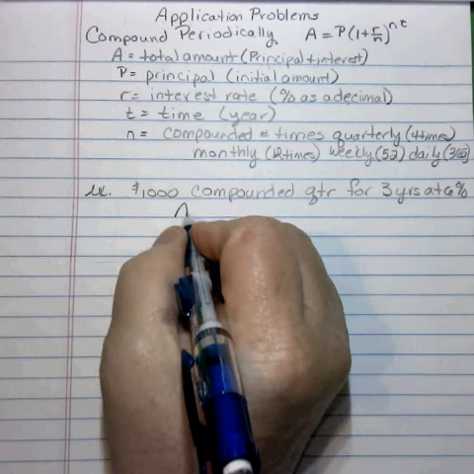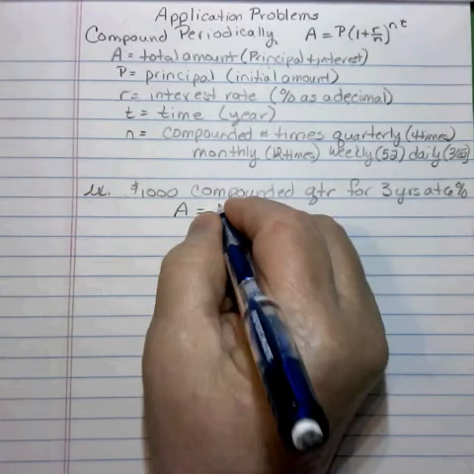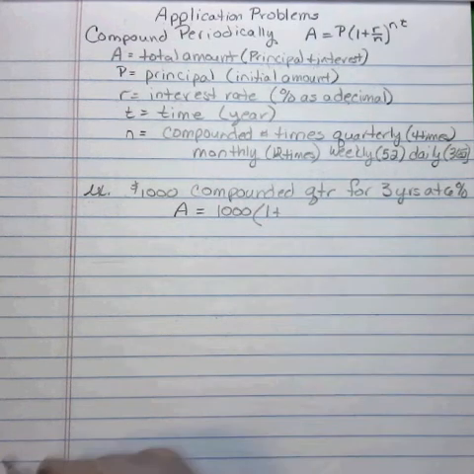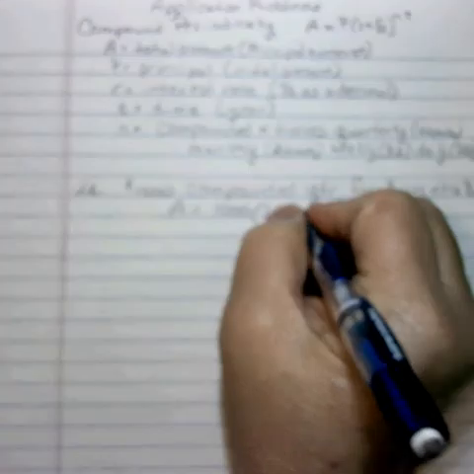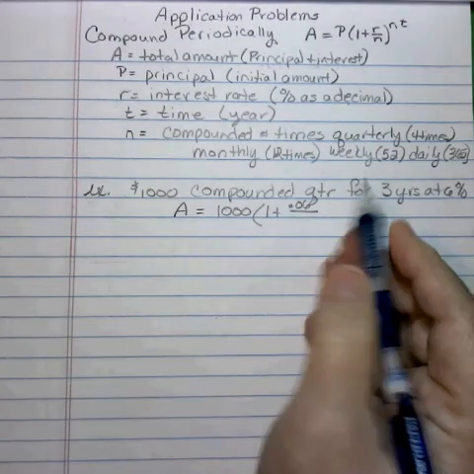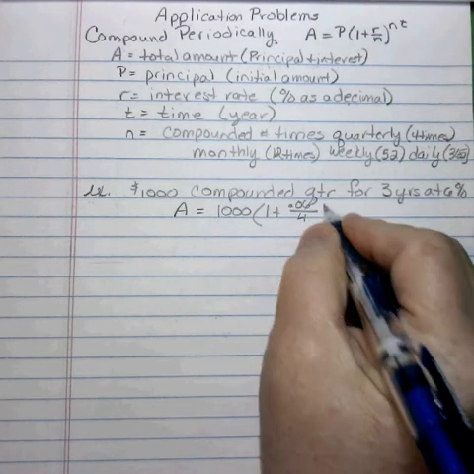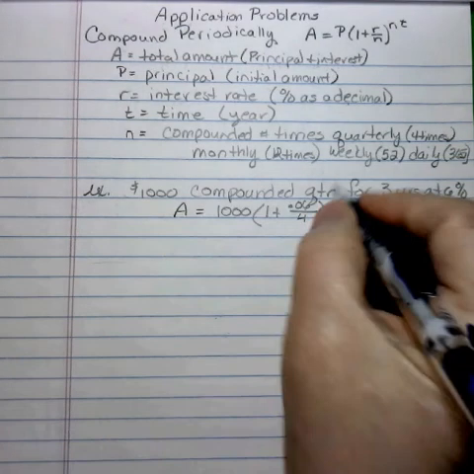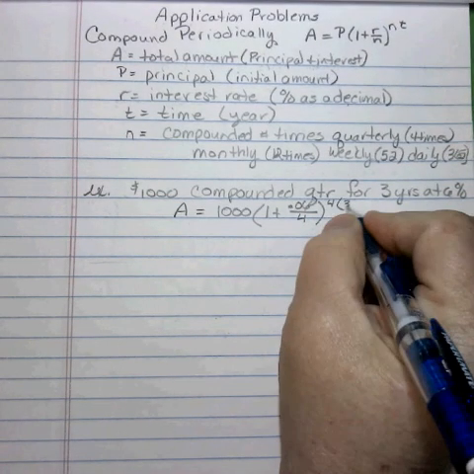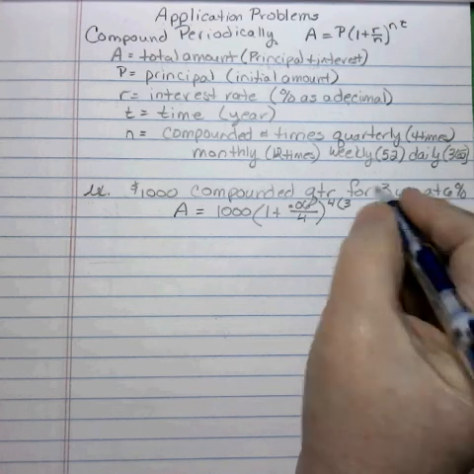So A equals 1,000 times 1 plus 0.06 over quarterly means 4 times a year. And we use the 4 again. The total number of years is 3.